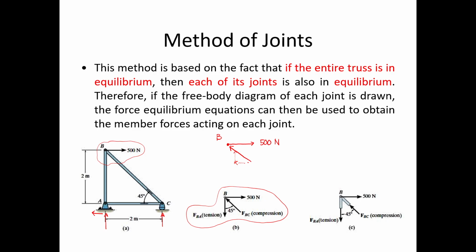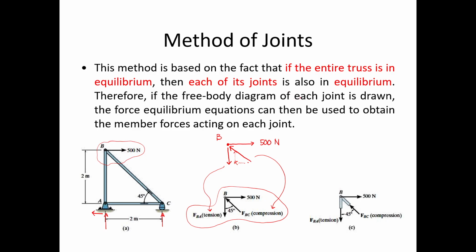The upward part coming from the diagonal member will be opposed by the member AB or BA in tension. That's why these forces are assumed to be in tension and in compression, because of the external load coming from 500.